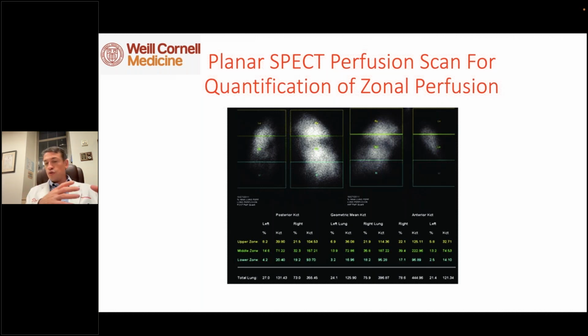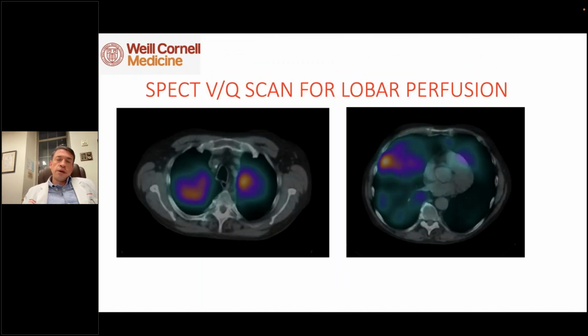You have 3 zones, you only have 2 lobes, and you could potentially make the patient feel worse if you treat the wrong area. And even on the right side, the upper zone does not always correspond to the upper lobe. So zonal perfusion scan is more helpful for LVRS patients because they undergo apical wedge excisions, which usually corresponds to the upper zone.